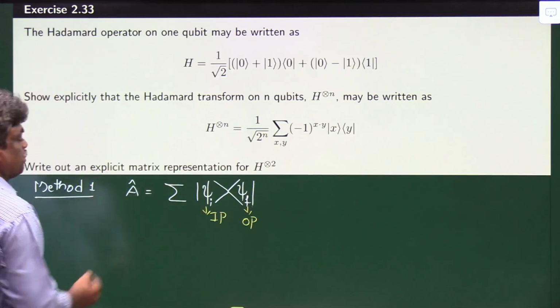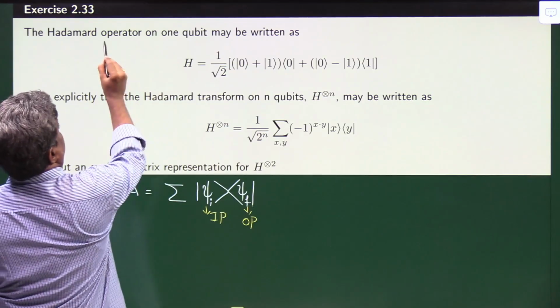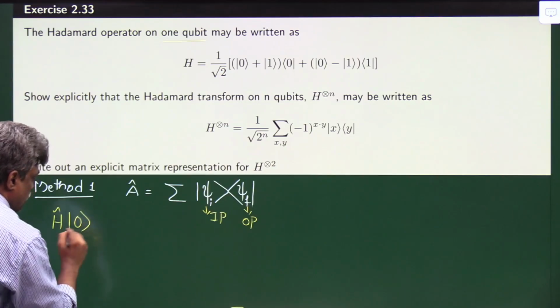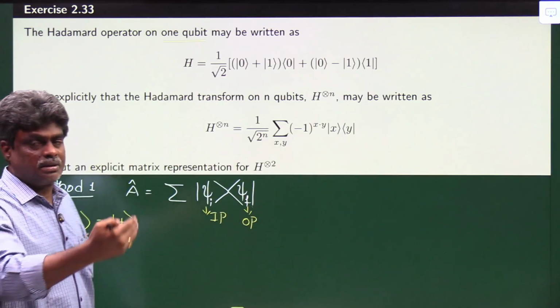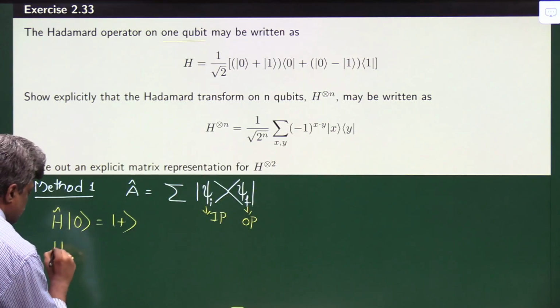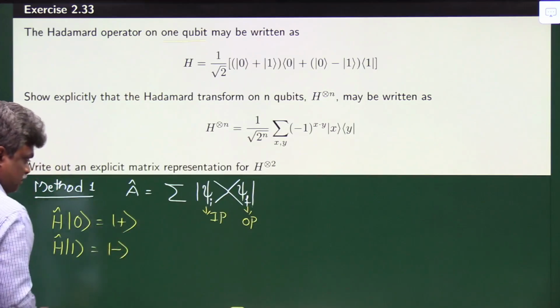Here we are discussing the Hadamard operator, for a single qubit. When the Hadamard operator operates on ket 0, you get the diagonal basis. Computational basis states are converted to the diagonal basis, and similarly H operating on 1 gives minus.